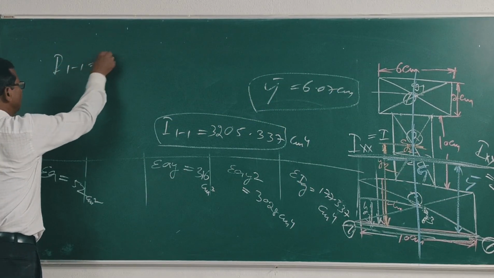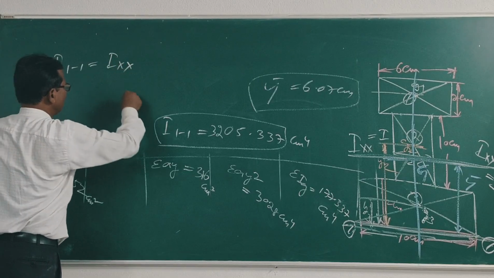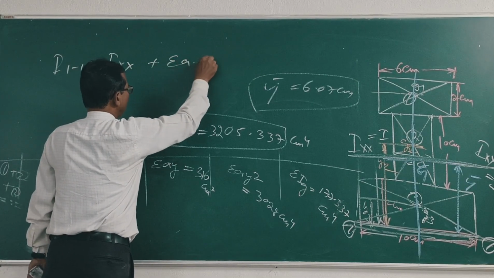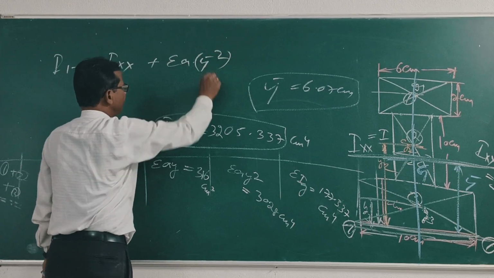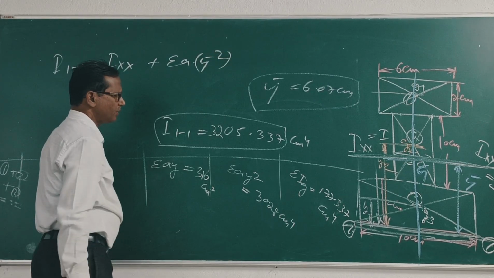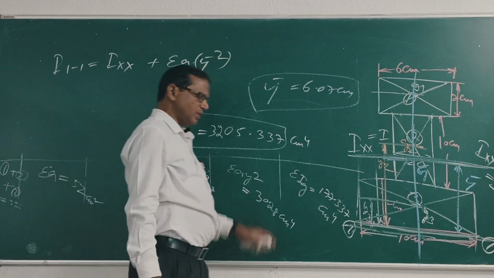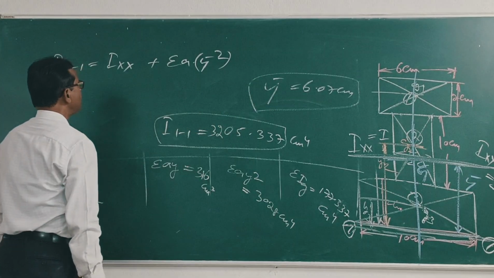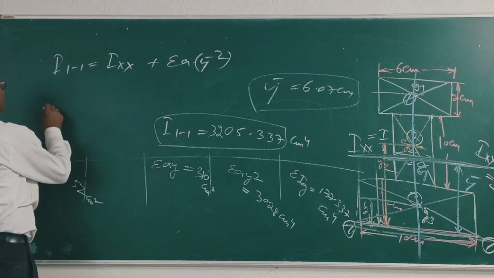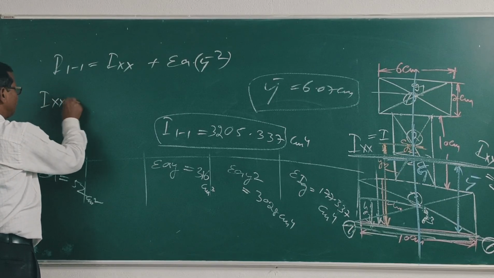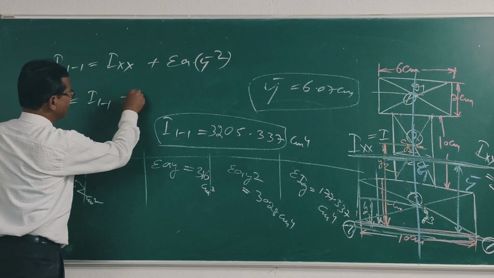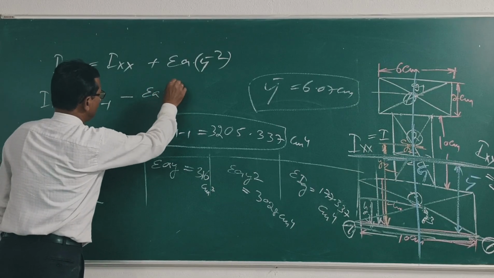I11 is equal to I x x or I plus sigma A into y bar square. So I x x is equal to I11 minus sigma A y bar square.